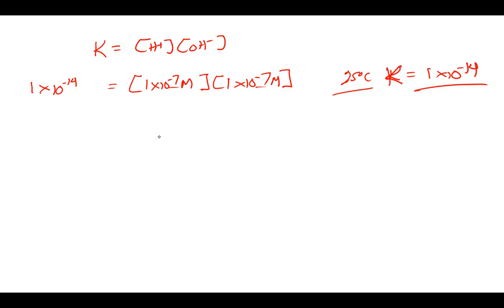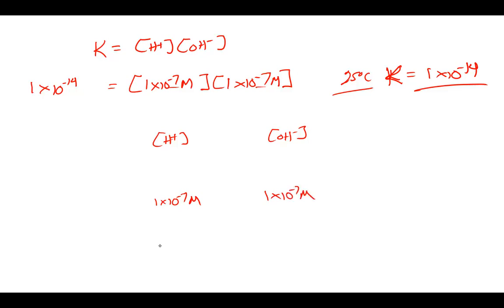Well, if we look at a table of hydrogen ion concentrations and hydroxide ion concentrations, we just found out that 1 times 10 to the negative 7th molar for the hydrogen ion, this has to be 1 times 10 to the negative 7th molar for the hydroxide ion.